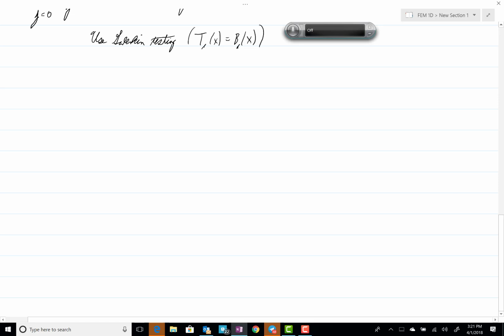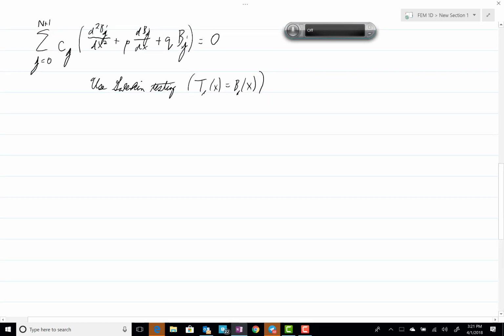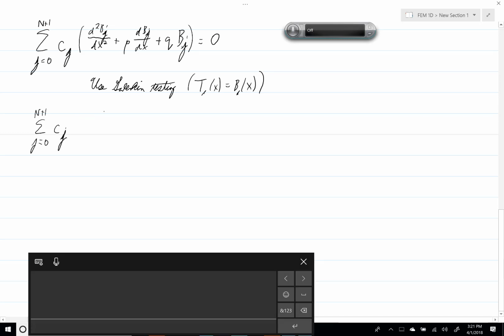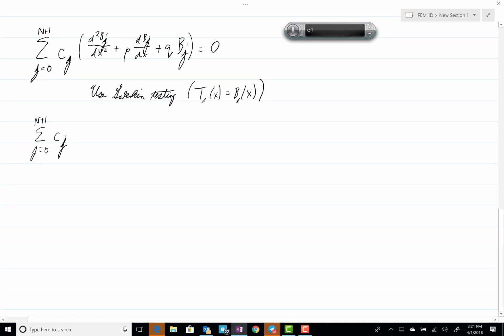So if we multiply both sides of that equation by T_i of x, we will get the sum j equals 0 to n plus 1 of c_j times T_i of x multiplied by d squared b_j dx squared plus p db_j dx plus q b_j is equal to 0.